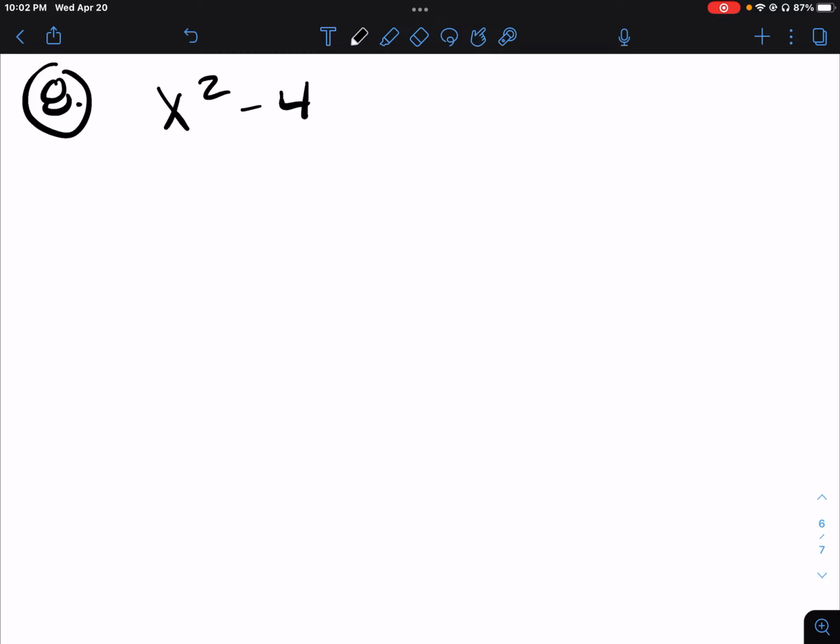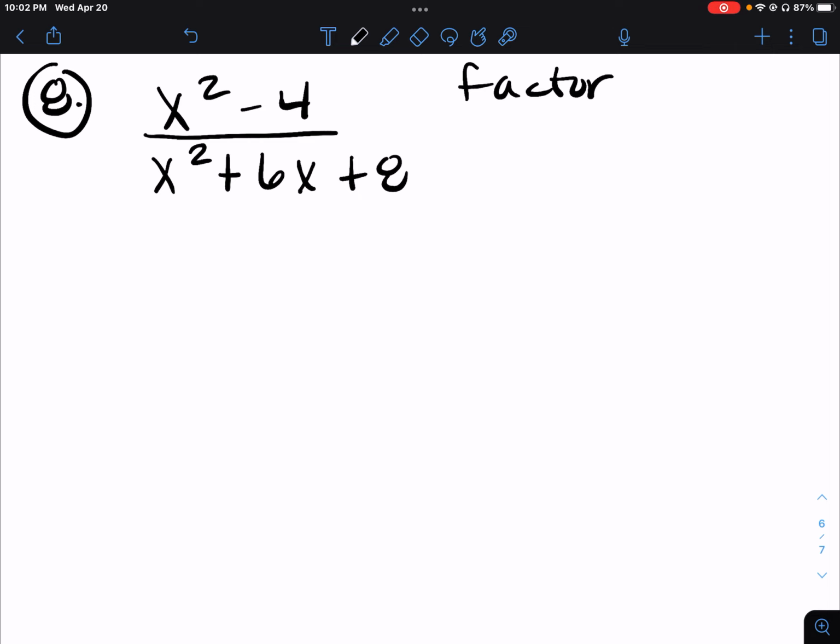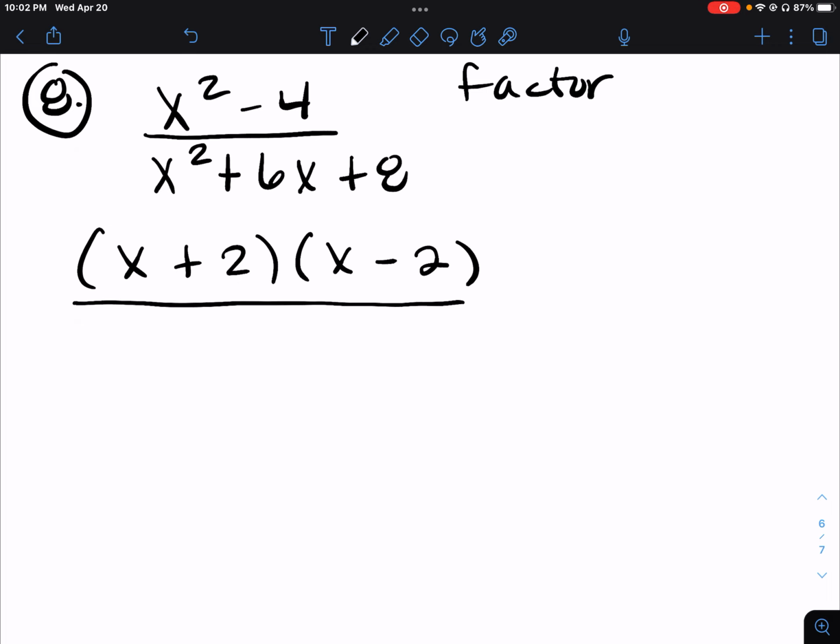Okay, number 8 asks us to simplify, which means we need to factor. Okay, the top is a difference of 2 squares, plus 2 minus 2. The bottom is a trinomial with an understood 1, so multiply to 8 and add to 6, which would be 4 and 2.